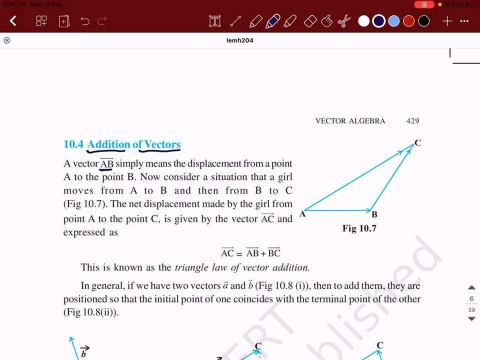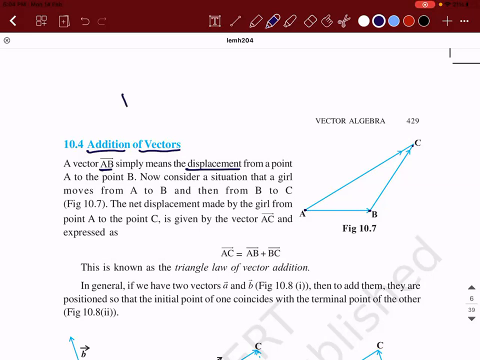So if AB bar is taken as a vector, it simply means the displacement. See, if I take a vector AB starting at point A towards point B. Now, let's say we are moving from point A to point B. Then from point B, if you are moving towards point C, then what is going to be the net displacement of us?